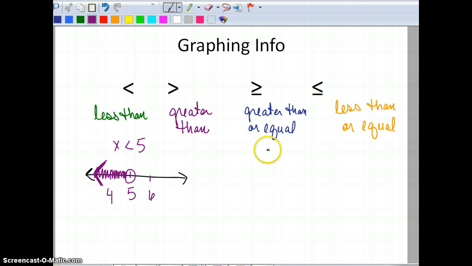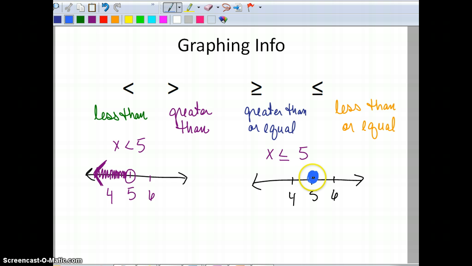Now, if I were looking at x is less than or equal to 5, my graph is going to be very similar. The difference is going to be, I'm going to put my circle at 5, and since x is less than or equal to 5, that means 5 is included, so it's going to be shaded in.